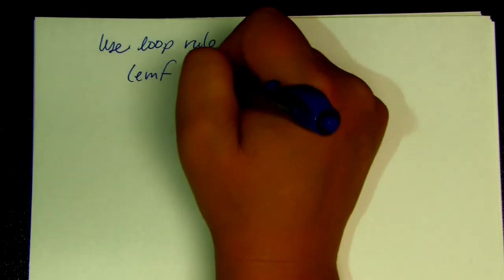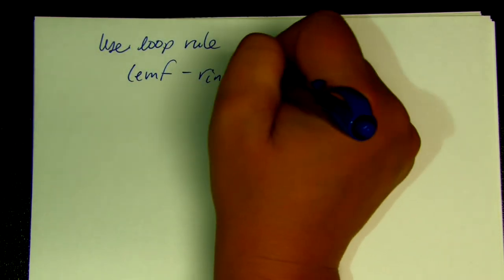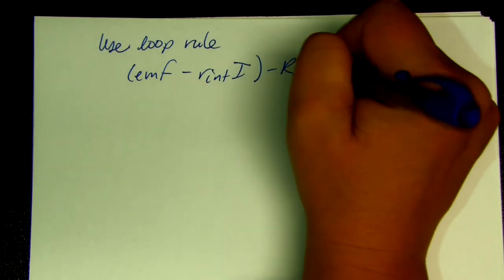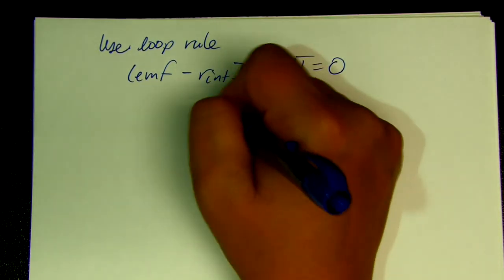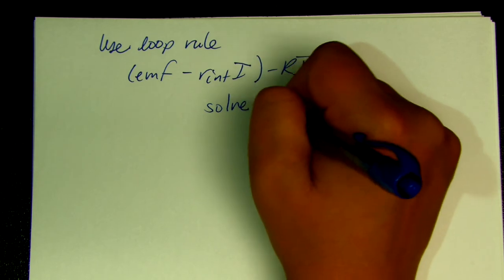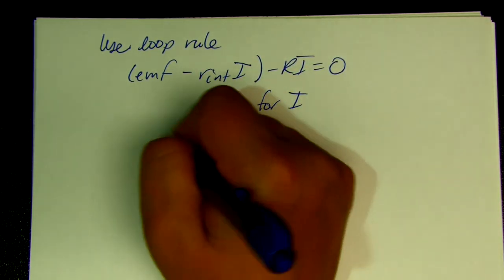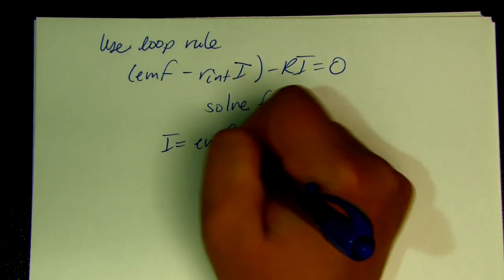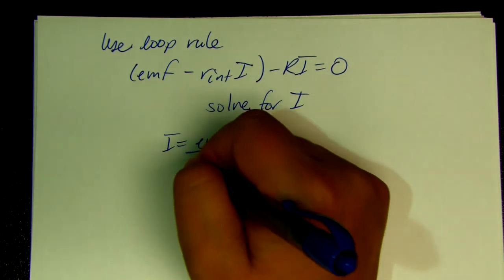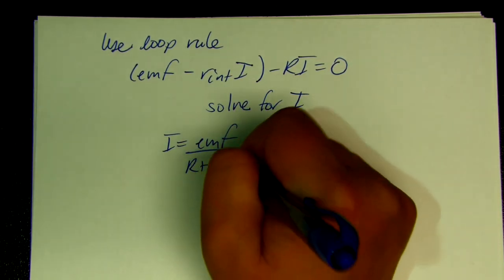Let's use the loop rule to analyze it. You have EMF minus R internal times I minus R I is equal to 0, and we'll solve for I, and you get I is equal to EMF over R plus R internal.